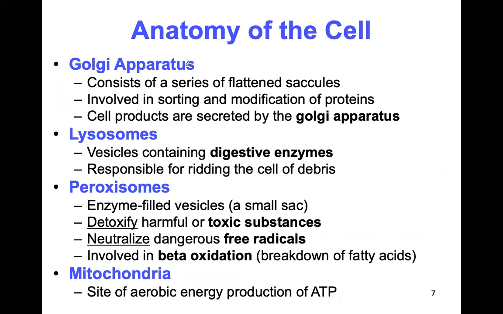What is the Golgi apparatus doing? The Golgi apparatus is going to modify the proteins. Well, it's going to modify the proteins that the rough endoplasmic reticulum produced, right? So it's going to get the protein, repackage it, and then the Golgi apparatus is going to secrete that.